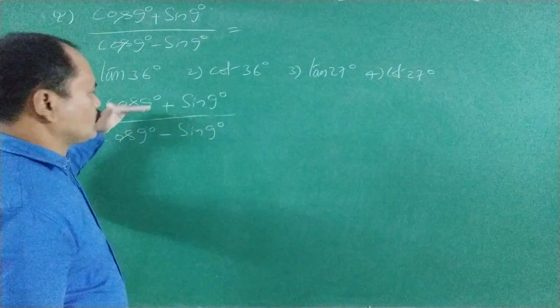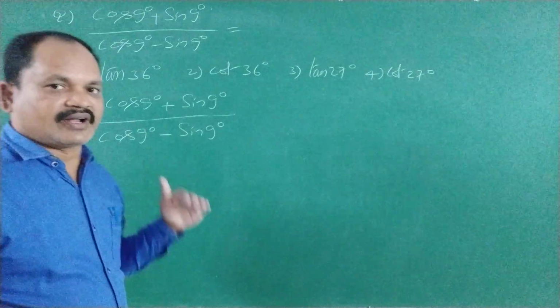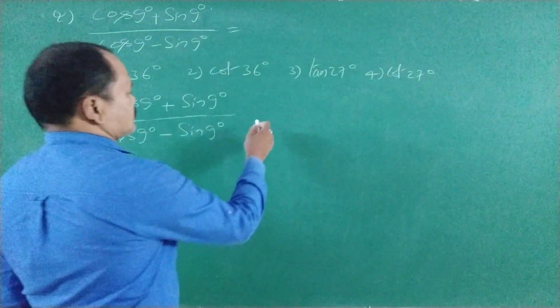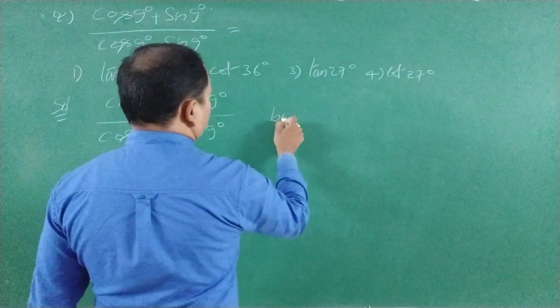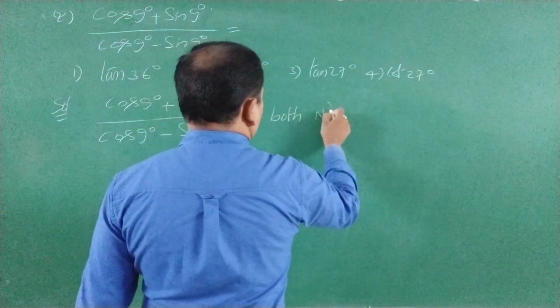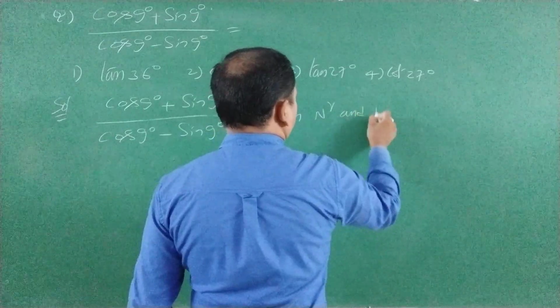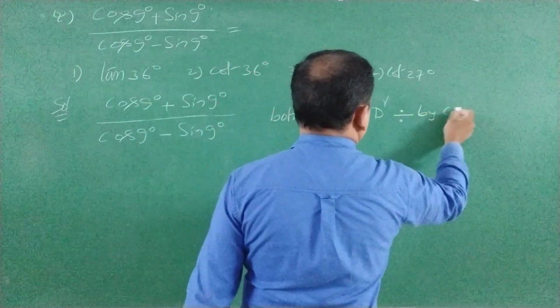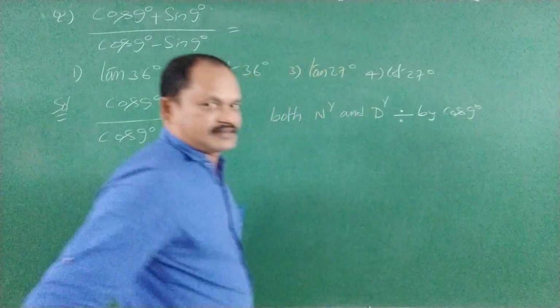That's why both the numerator and denominator are divided by cos 9 degrees.